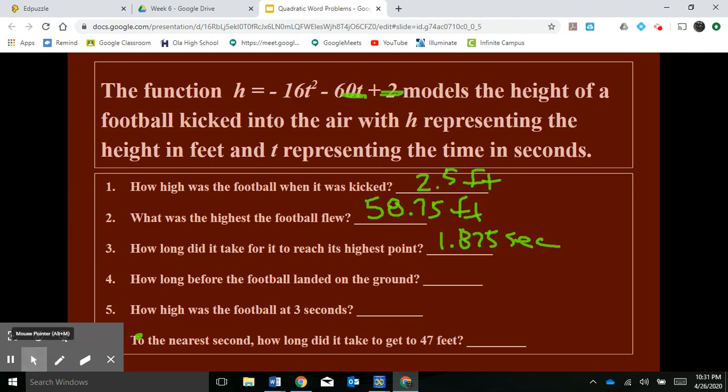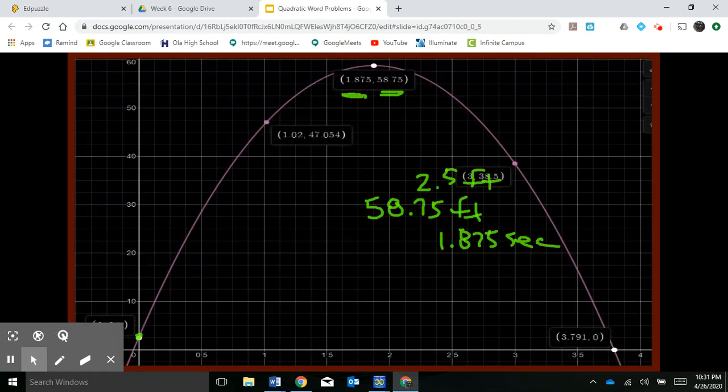Then we go to the next question. How long before the football landed on the ground? We go back and look at our graph. The ground is the x-axis. And again, it said how long, so that's time, and I'm looking at the x value of that point. The ground is 0 feet high, so that's why the y value is 0.